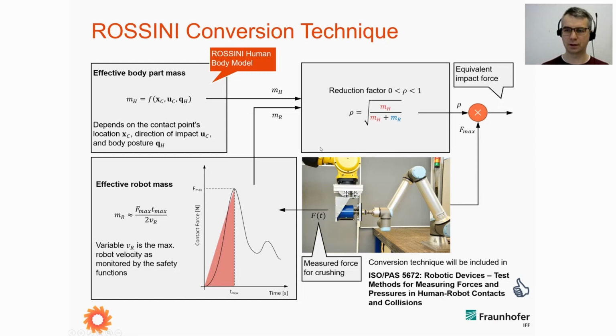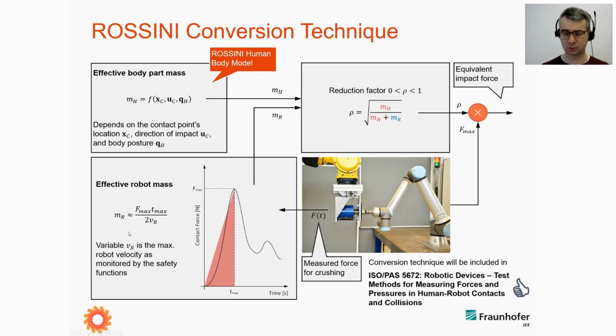So we are here in the photograph, doing this measurement. We measure a force over time, illustrated on the left side of the slide, and from the force signal we can very easily estimate the effective robot mass. This is of course not 100% precise, but it gives us a conservative estimation.